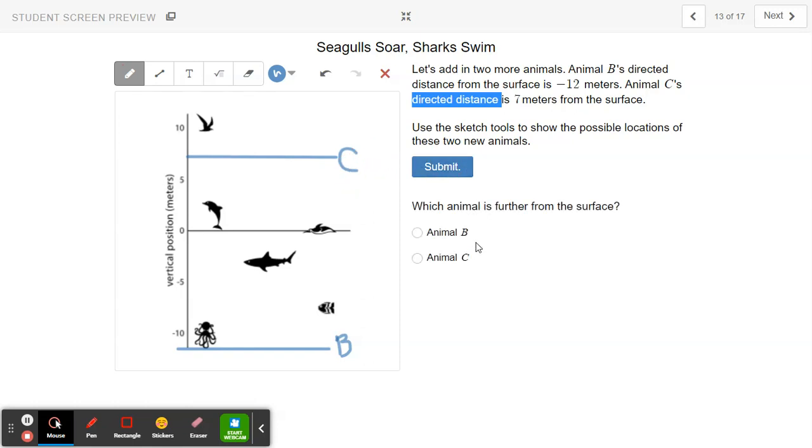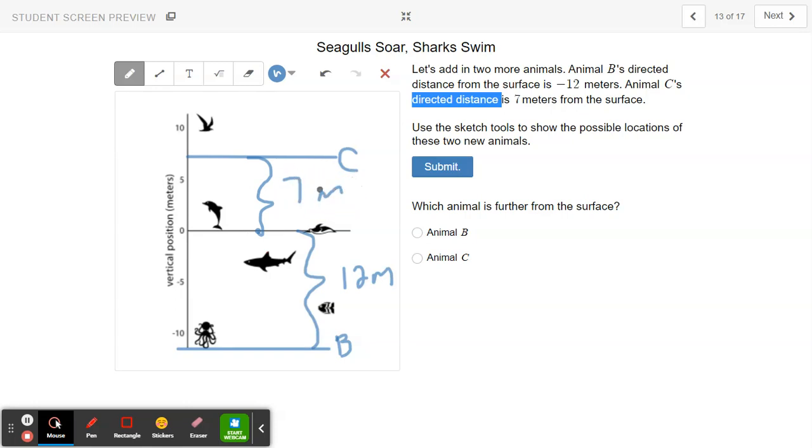Okay. Which one's further from the surface? Well, okay, so we're looking at distance now, right? So B, if I were to go from here all the way to B, 0 to -12, that's 12 meters is the distance, right? And for C, if I start at the surface and I go to where C is, that's only 7 meters.